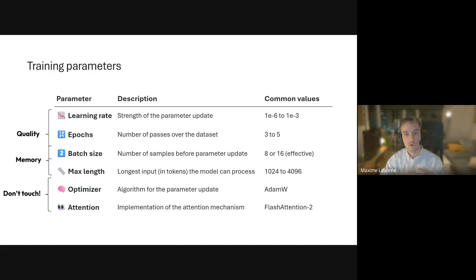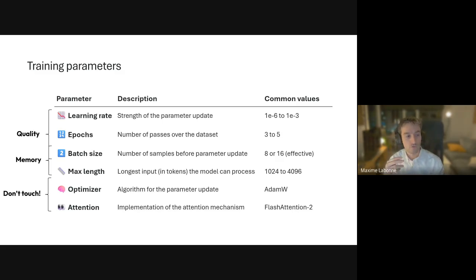If you have a smaller one, you're going to use less memory, but the same thing, it's going to be more noisy. And you also have the maximum length of the inputs that the model can process. This is quite an important one because if you have a very small max length, it means that your prompt will be very small. But if you have a very large one, once again, it's going to use a lot of memory. So that's going to be a problem with the compute.